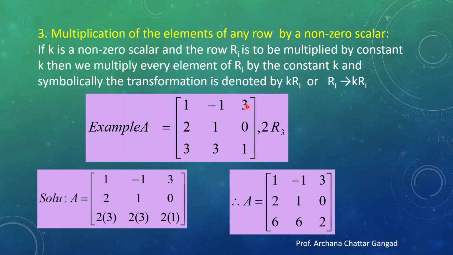Now let's see the example. Suppose this is your matrix of order 3 by 3. These are the elements of that matrix. Which row operation or which non-zero scalar value is given to us? k is equal to 2.